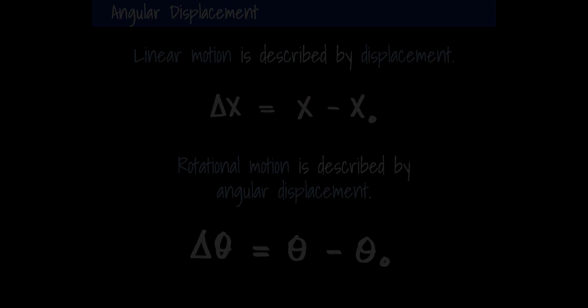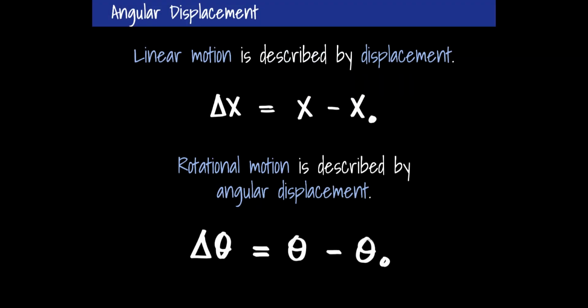When we learned about linear motion, I said positions change. And so I needed a quantity that described the change in position. And that was the displacement. Hopefully, this is very familiar to you, even though it was a while ago. The position changes, so I have a final position and an initial position, and when I subtract, I get the quantity known as the displacement in meters.